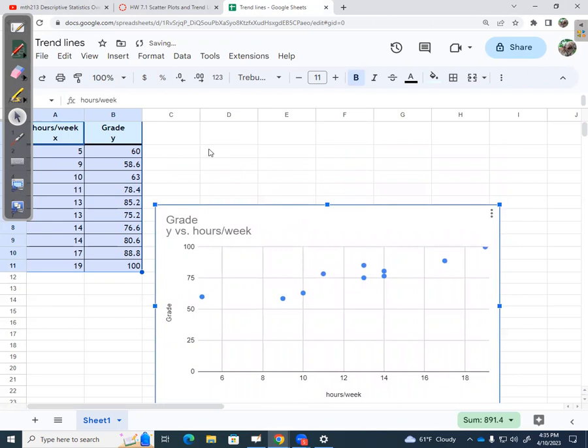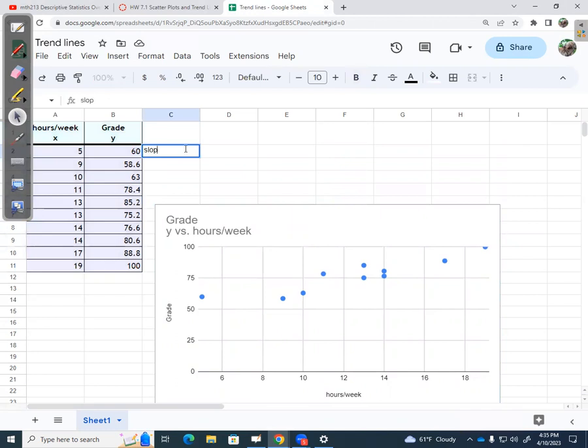There's a couple of ways to find the line. I'm going to find it by using the slope formula on the spreadsheet. So I'm just going to put a label here saying I'm going to find the slope. And then in the next cell, I'm going to go equals and start typing slope. And it says find the slope of a line from linear regression, which is what the homework asked me to do. So I'm going to select slope.